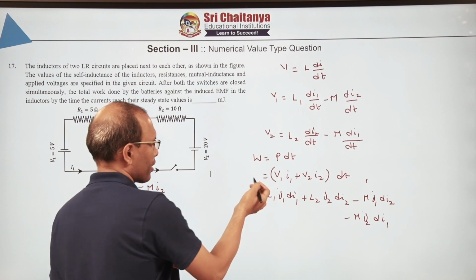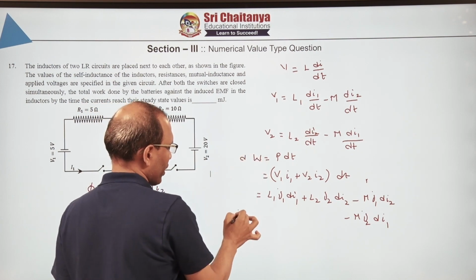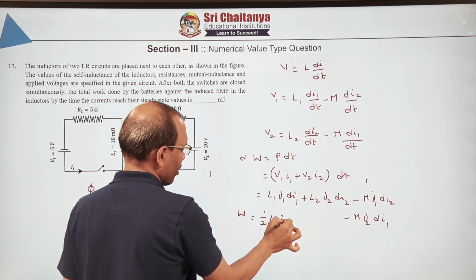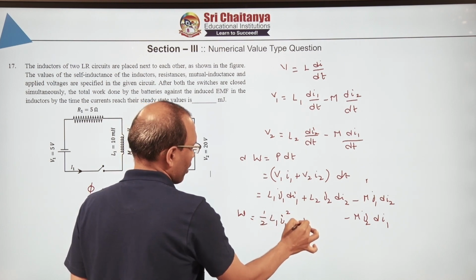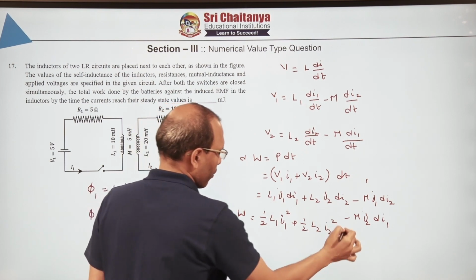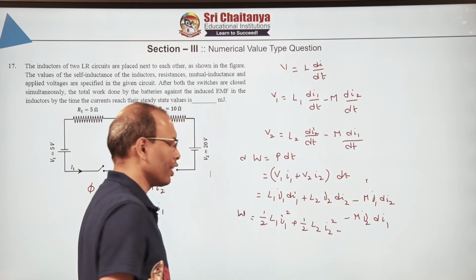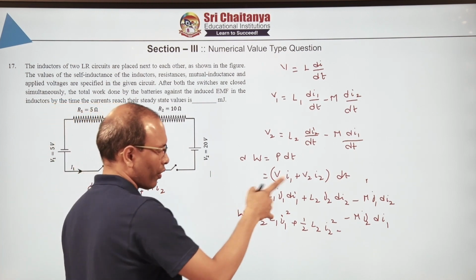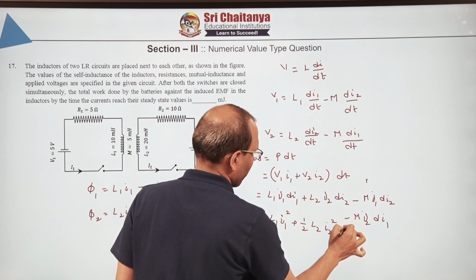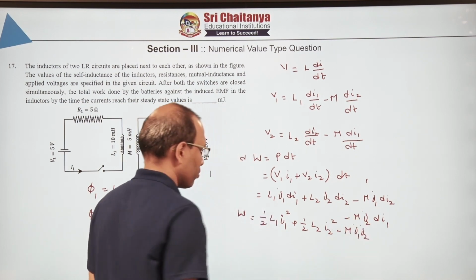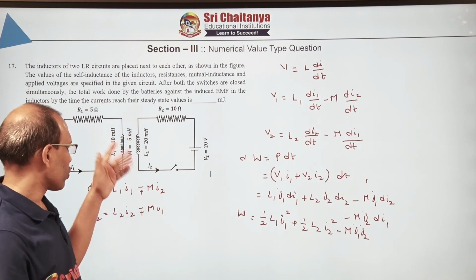Now this is dW, then the total work done will be the integral, which is half L1 I1 squared plus half L2 I2 squared minus M I1 I2, since I1 di2 plus I2 di1 is d of I1 I2.